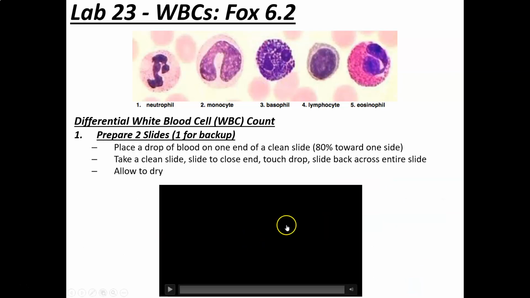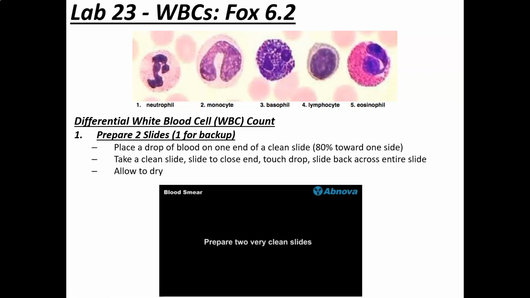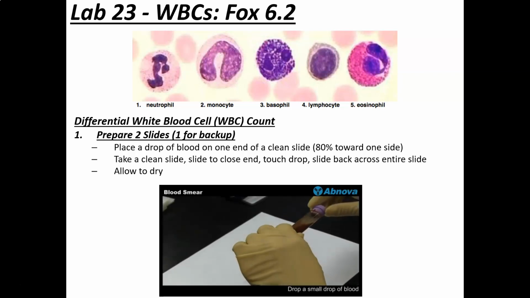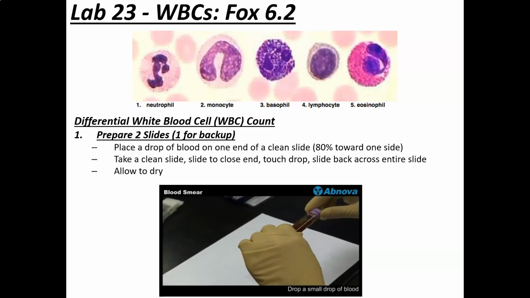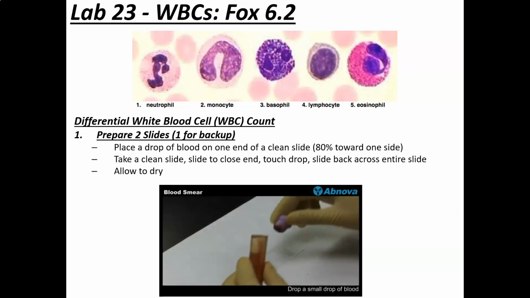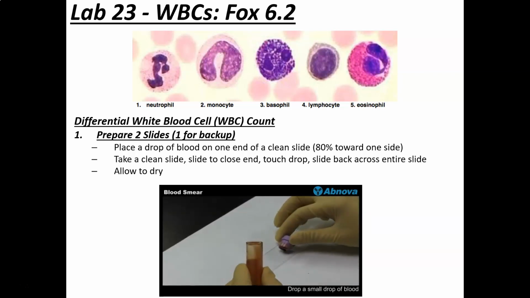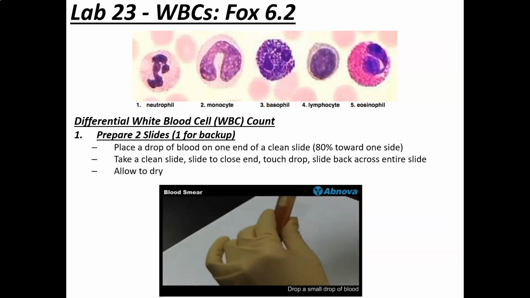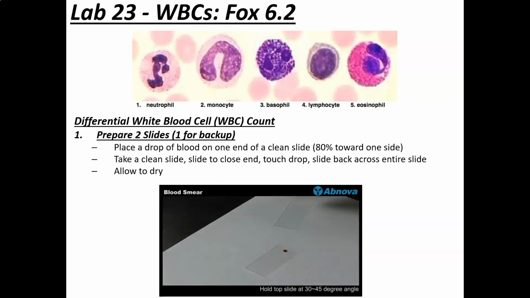Now, the staining procedure will take place when we look at how we do it. But first, just look at the blood smear. So you put a little tiny drop of blood.